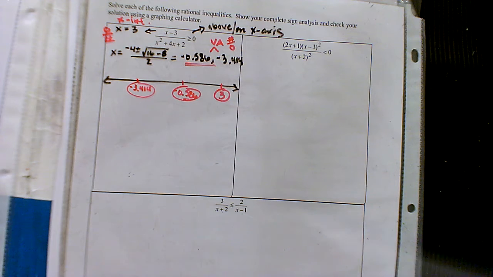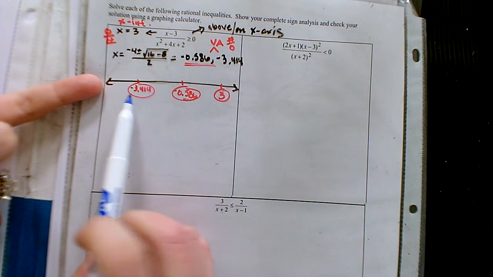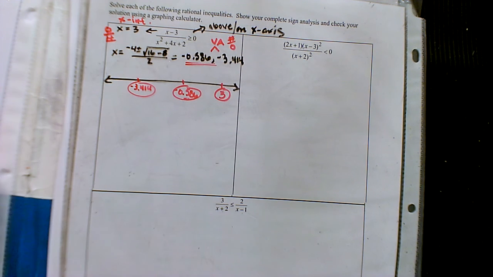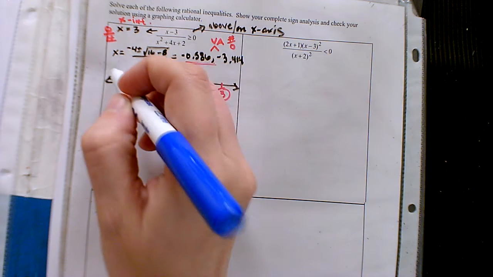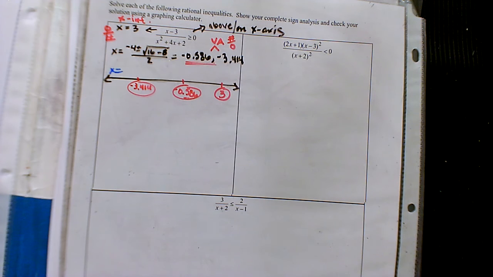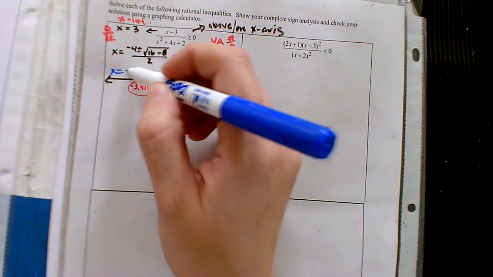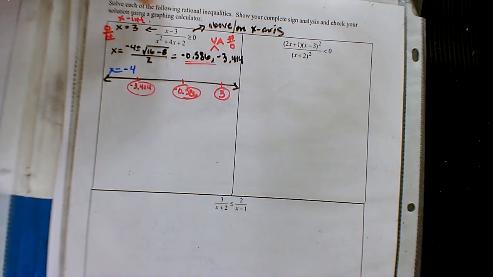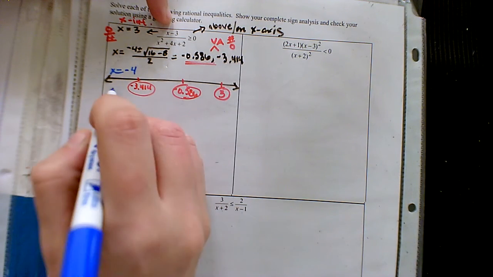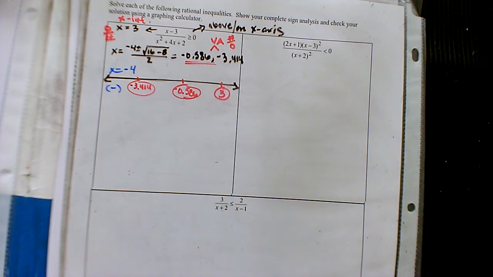You just need to pick any number you want, in this case between negative infinity and negative 3.414. So make sure it's an easy number that you pick. Can we think of something in there that might be easy for us to use? Any number between those? Yeah? Negative 4. Okay. So if we plug in negative 4 up top, that would be negative. And then we've got to figure out if we plug in negative 4 on the bottom.